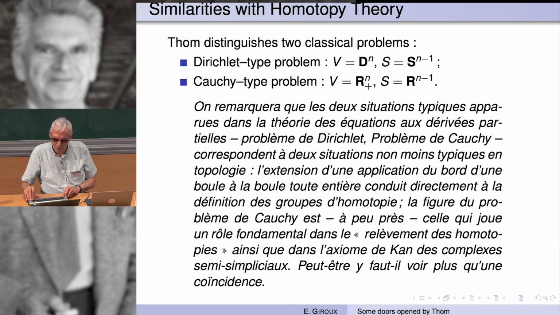The picture of the Cauchy problem is approximately the one which plays a fundamental role in the homotopy lifting property as well as in the Kan axiom for semi-simplicial complexes. And I find this rather interesting.